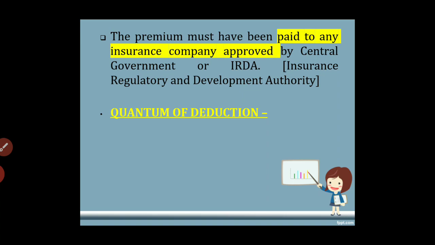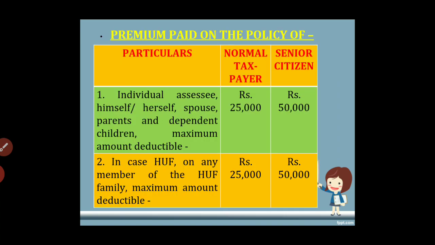Now, next point is quantum of deduction. That means how much amount of deduction can be claimed at maximum by any assessee. Here you can see premium paid on the policy of students. Generally, whatever medical premium that you are paying on the medical policy, how much maximum deduction can you get?